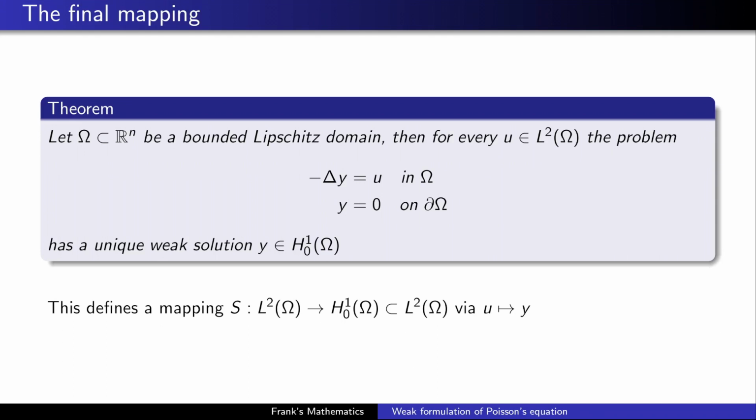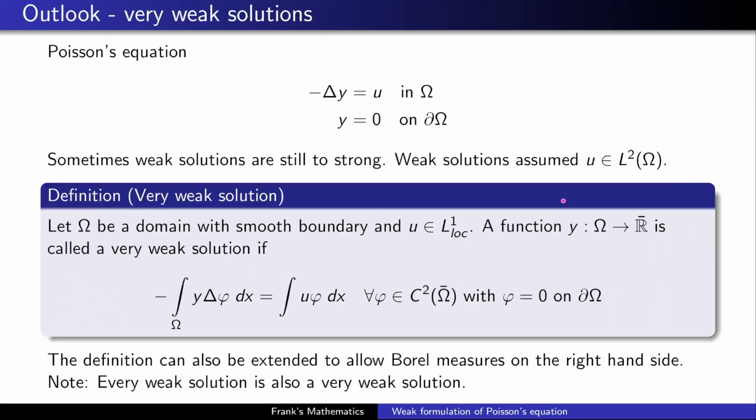But for now, I want to just mention that sometimes even a weak solution is too strong, because you have u in L2, and this sometimes is too restrictive. So I want to finish this video with an outlook to the so-called very weak solutions. The idea is very simple.